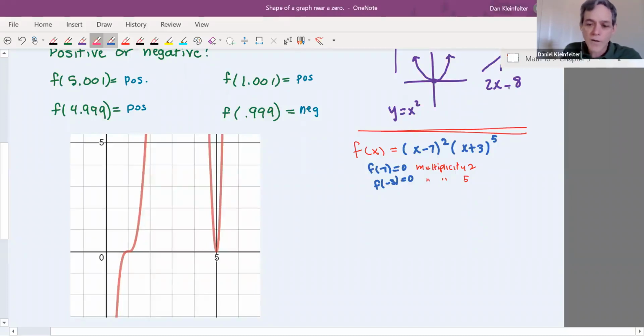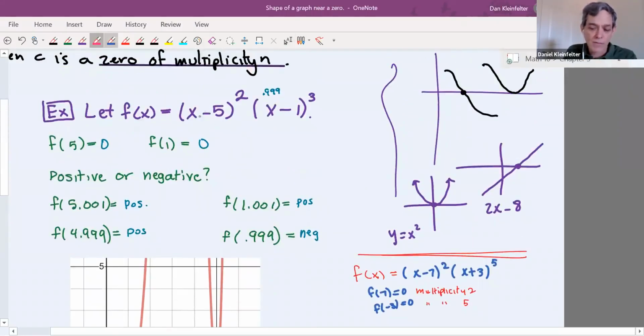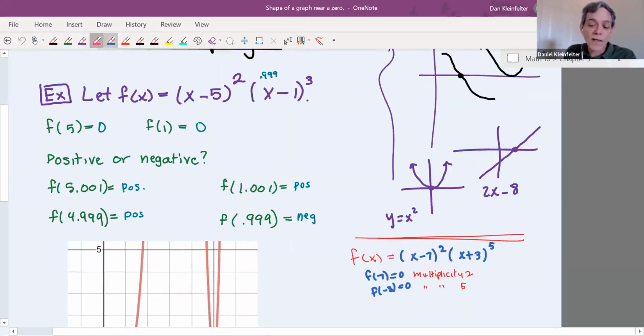All right, so here's the graph of our function. You can see that sure enough, there are zeros right at 1 and 5. And on either side of 5, the function values are positive. Again, that's because we're raising some number, either positive or negative, to an even power, which will give us a positive answer. For x values near 5, x minus 1 is nearly 4, so x minus 1 cubed will be nearly 64, so positive.